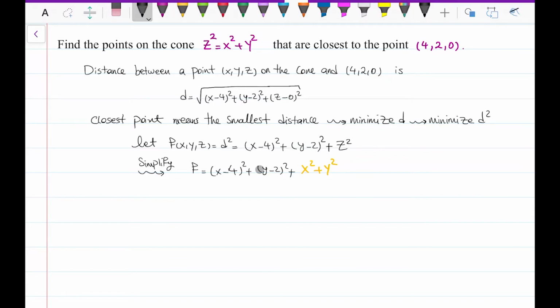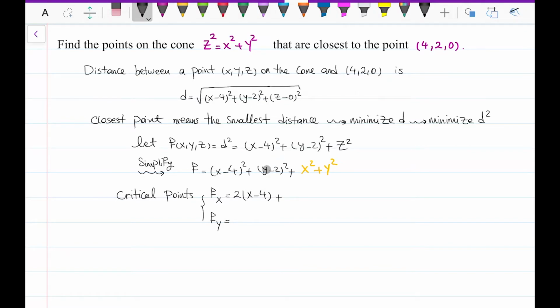What I need to do is to find the critical points, and to find them, all I need to do is set the partial derivative with respect to x equal to 0 and with respect to y equal to 0. For the partial derivative with respect to x, I'm going to use the chain rule here. 2 comes down, (x minus 4) to the power of 2 minus 1, times the derivative of the inside with respect to x, which is 1.